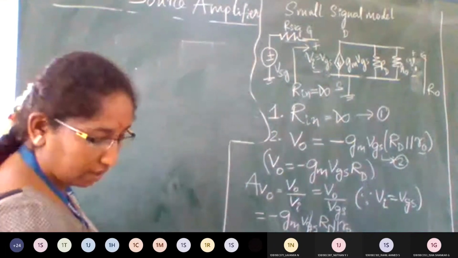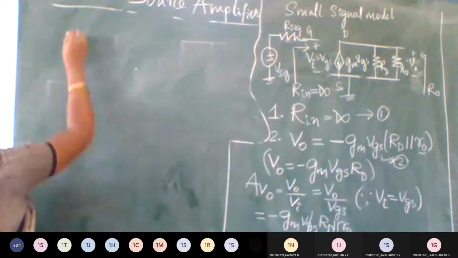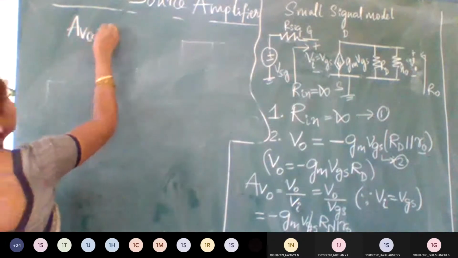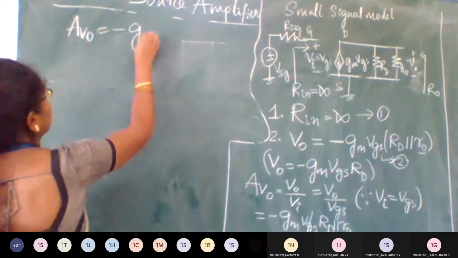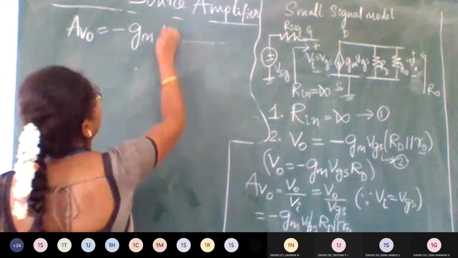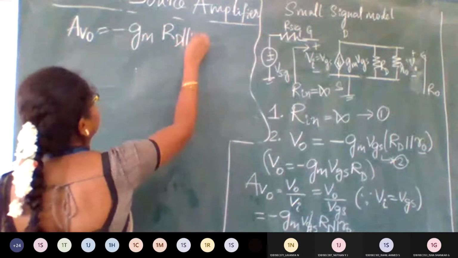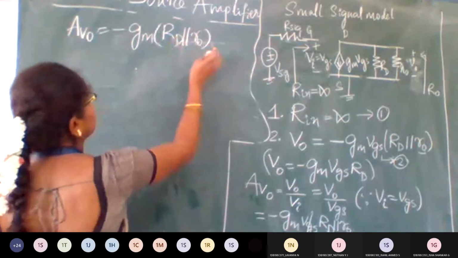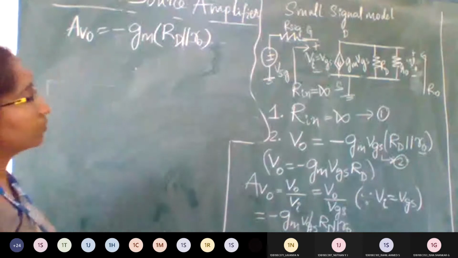Okay, now what is the Av0? Av0 is equal to minus gm into RD parallel r0.